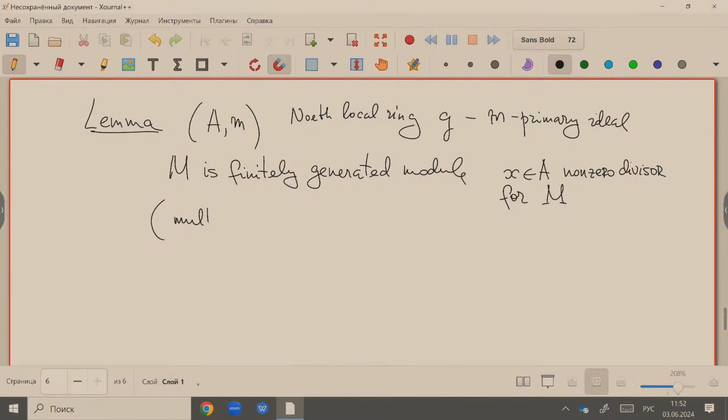Suppose you have a in A that is a non-zero divisor for M, meaning that multiplication from M into M is injective.